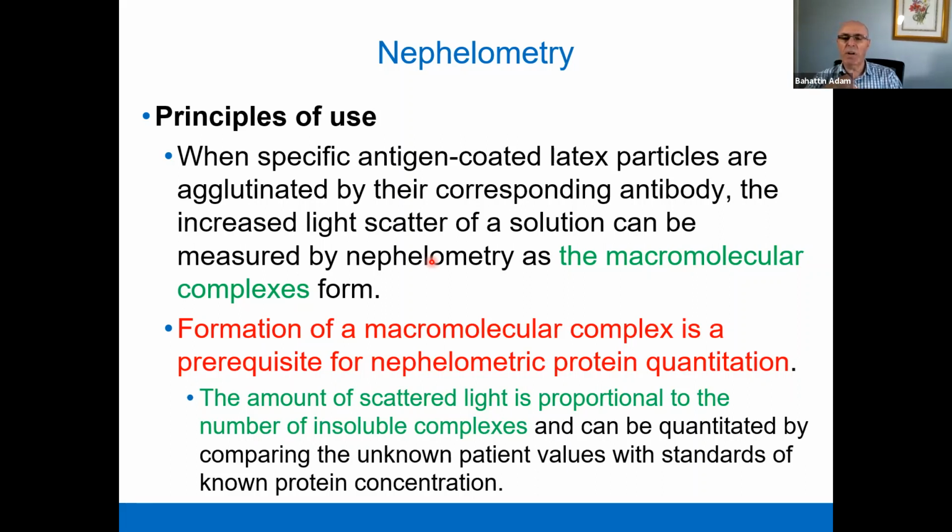If there is no antibody to the antigen, or no antigen to the antibody, the macromolecule complex won't develop, and you cannot get enough scattered light to measure the amount of the molecules desired.